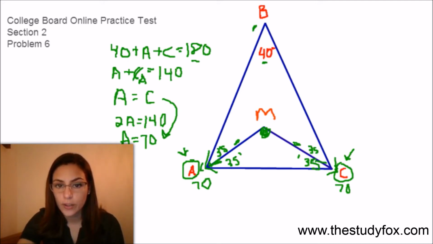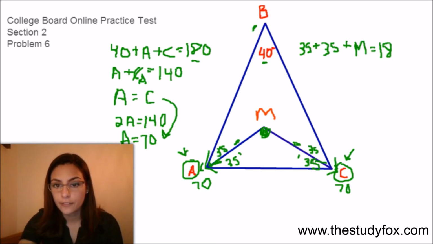So we do a quick equation: 35 plus 35 plus M equals 180. 35 plus 35 we know is 70, so we have 70 plus M equals 180.